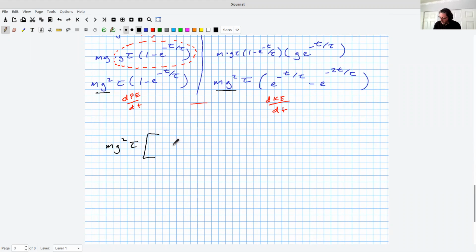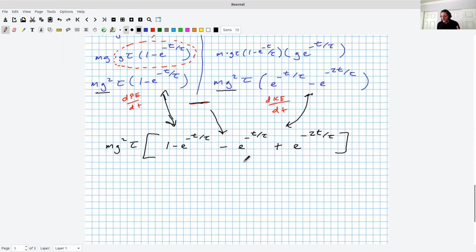And then a really big 1 minus e to the minus t over tau, that's coming from the left side. And then I've got this thing, minus e to the minus t over tau plus e to the minus 2t over tau. Those two pieces are coming from there. And the reason those signs flipped is because I'm subtracting. That minus right there goes there.